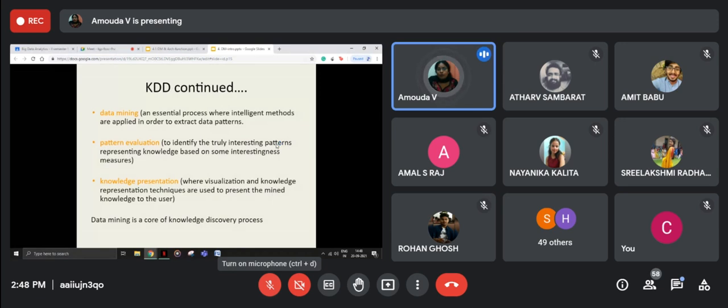All these steps need to be followed in order, otherwise the data mining process may not output the required knowledge, pattern or hidden information. It will be very abstract. So data mining is the core of the knowledge discovery process.